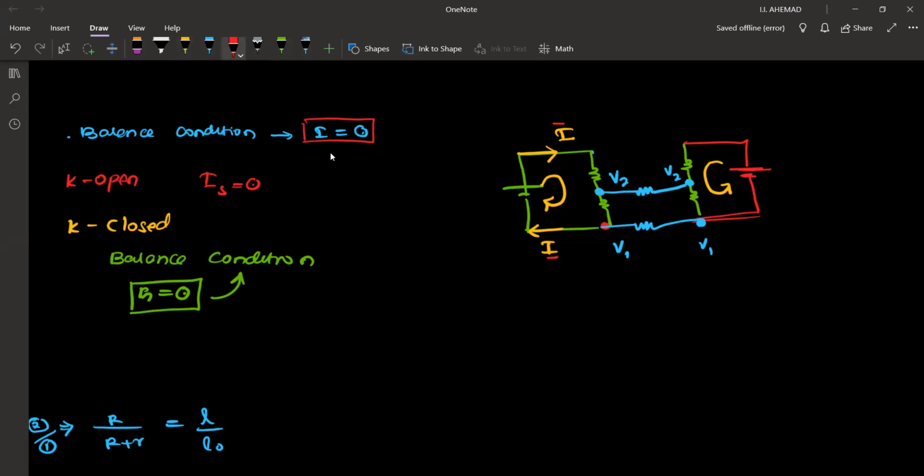What can you tell about the current in these two resistors? I have given the voltages on each side. Will there be a current flow in these two resistors? No, right? There won't be a current flow. The reason is the voltages are the same.